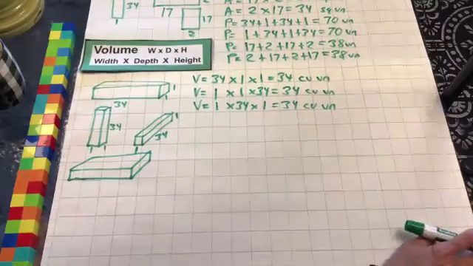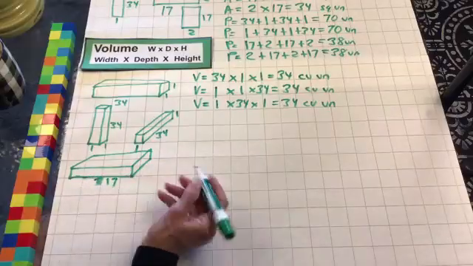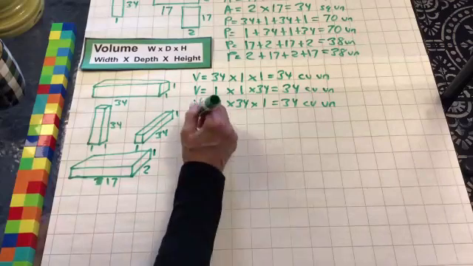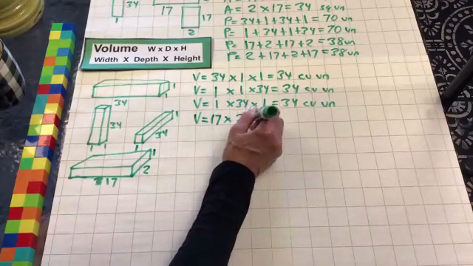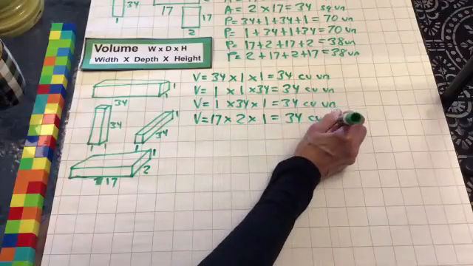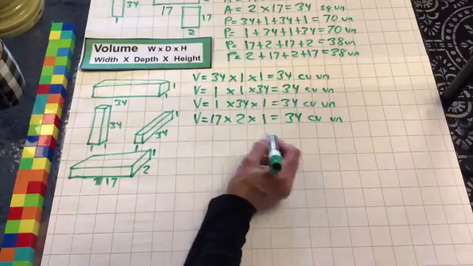We're just learning and playing. All right, so we have 17 by 2 by 1. So let's write that down. 17 wide by 2 deep by 1 tall equals 34 cubic units. We always want this to equal 34. So now we can start playing with these 3 numbers.